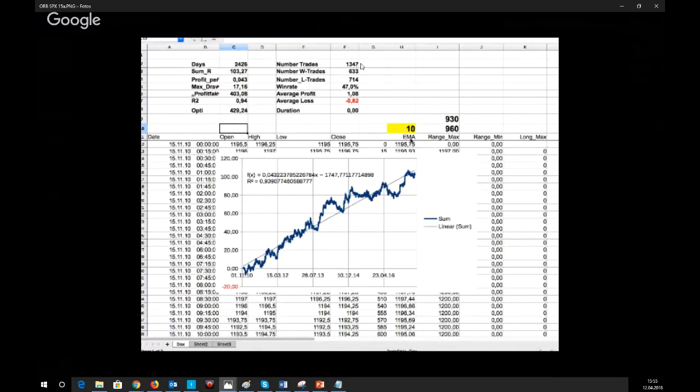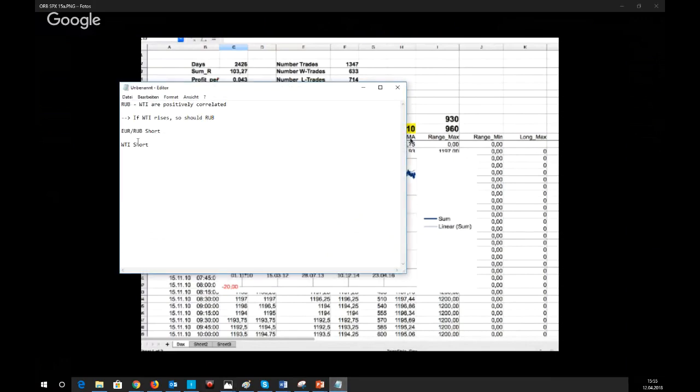And during this time span, we saw a hit rate of 47% and an average profit and average loss. If you calculate the ratio of these two, we call it the payoff ratio. You have it at 1.3 to 1. And with a hit rate of 47%, this is resulting in a so-called positive expected value.